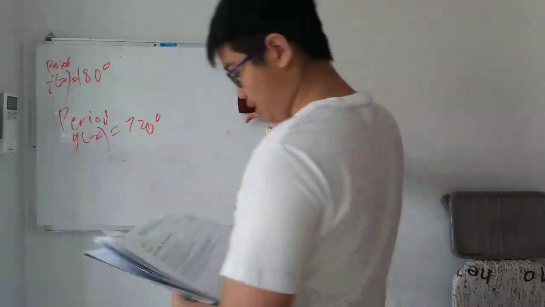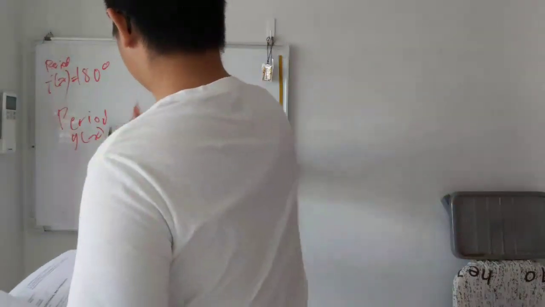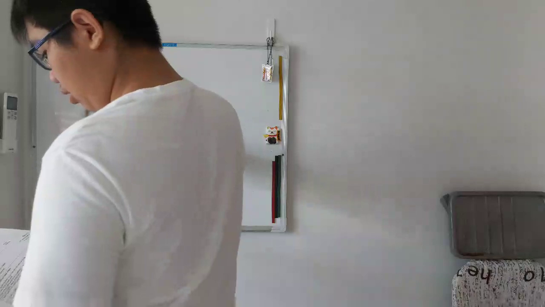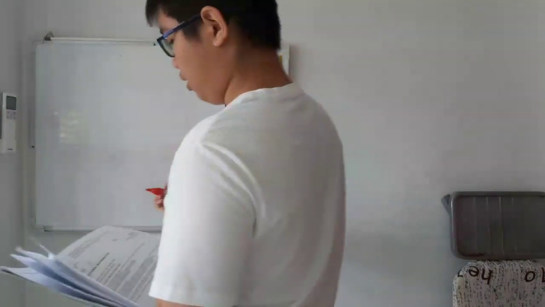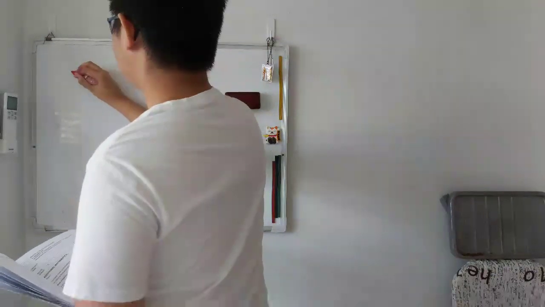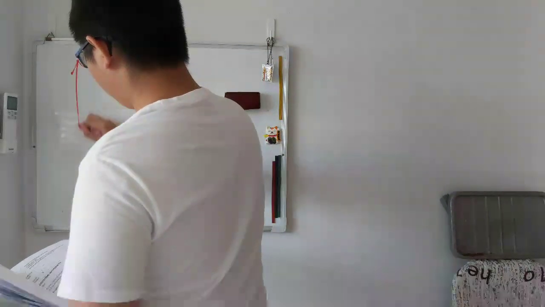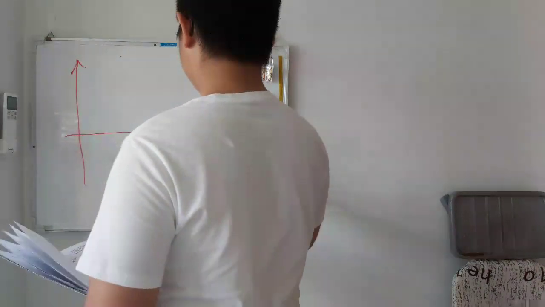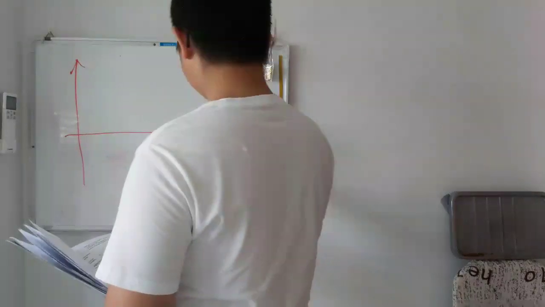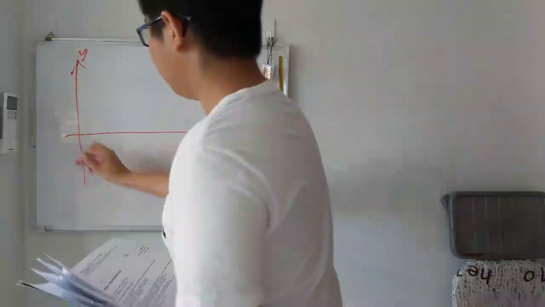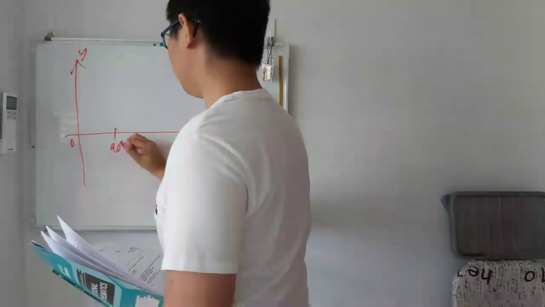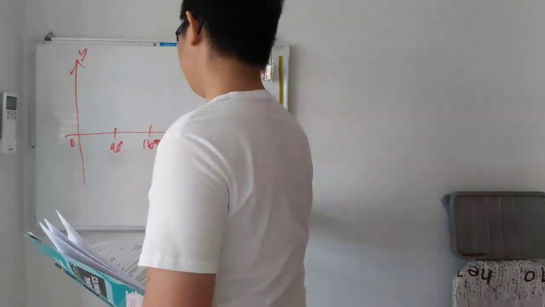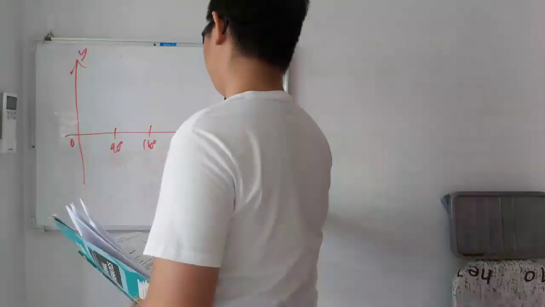Now we need to do a sketch, on the same axis, of the graphs of y equals f(x) and y equals g(x) for 0 less than x less than 360. So let's draw it like this. This is x, this is y. This is 0. Let's say this is 90 degrees, 180 degrees, 270 degrees.